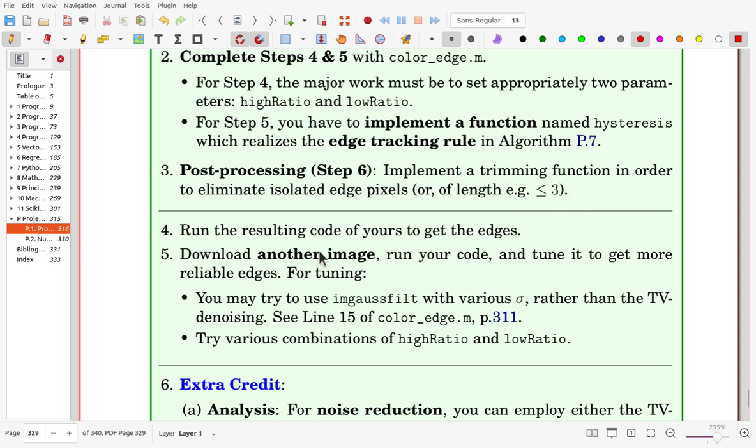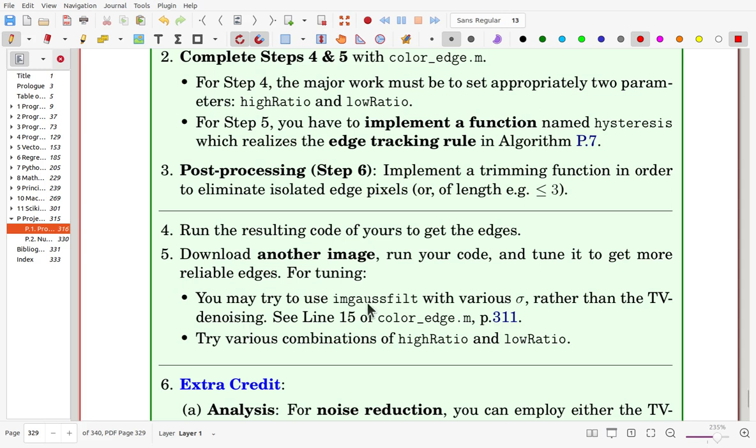And run the resulting code of yours to get the edges, and now download another image and run your code and tune it to get more reliable edges. For tuning, you may try to use a Gaussian filter with various sigma rather than the TV denoising.